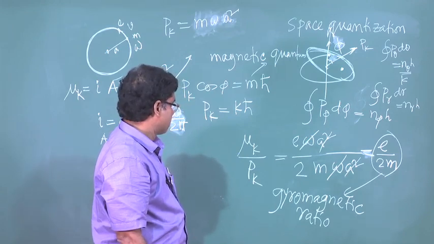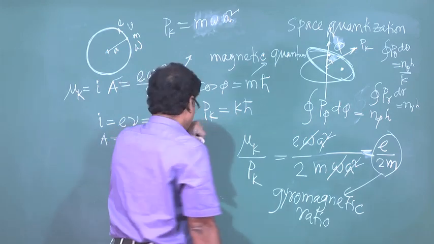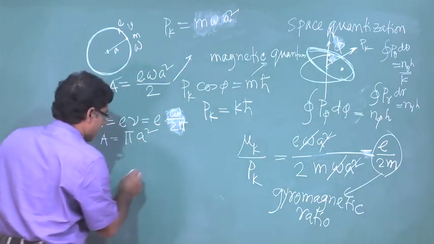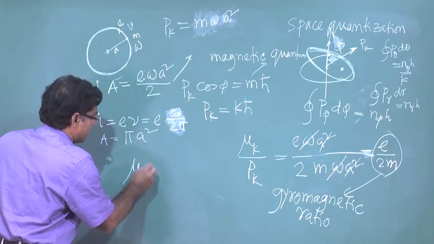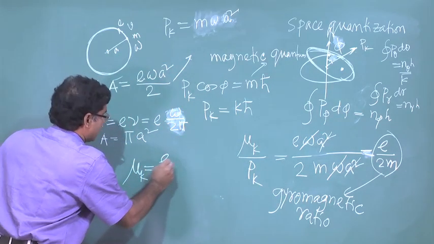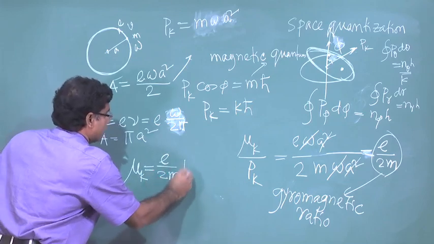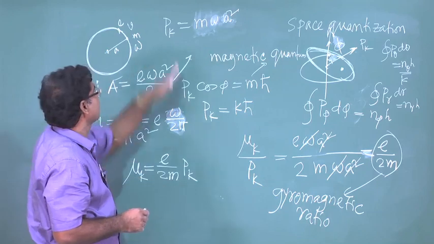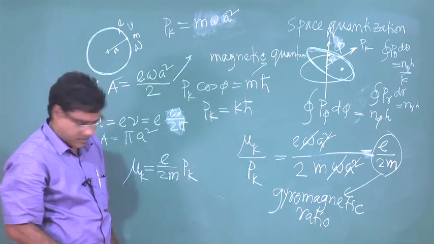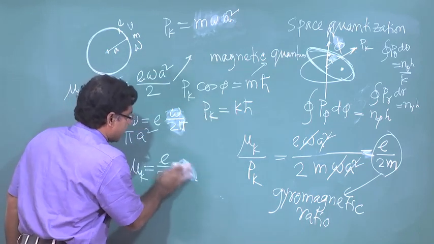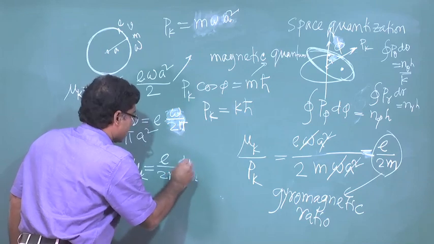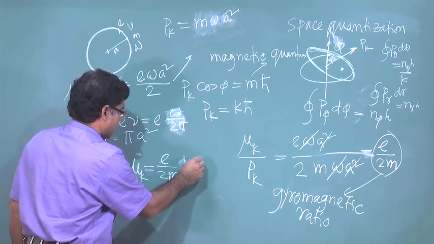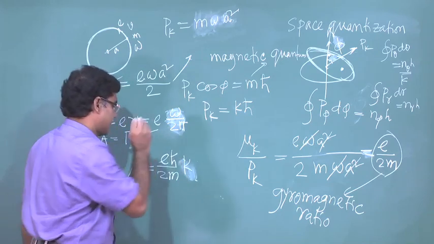So ultimately, what am I getting? mu k equals e by 2m into pk. Now pk one can replace by k h cross, so I am writing h cross here.